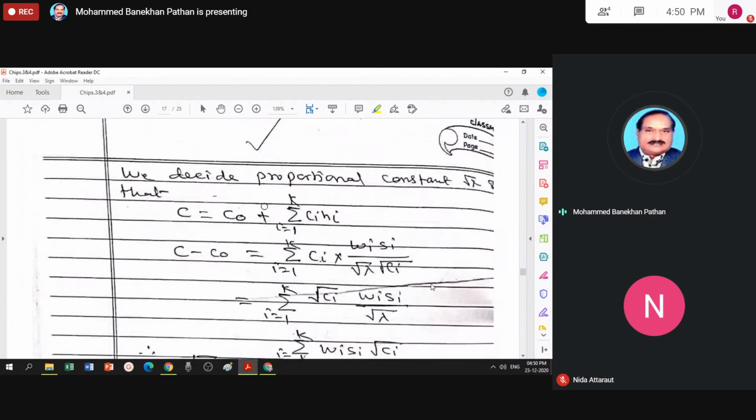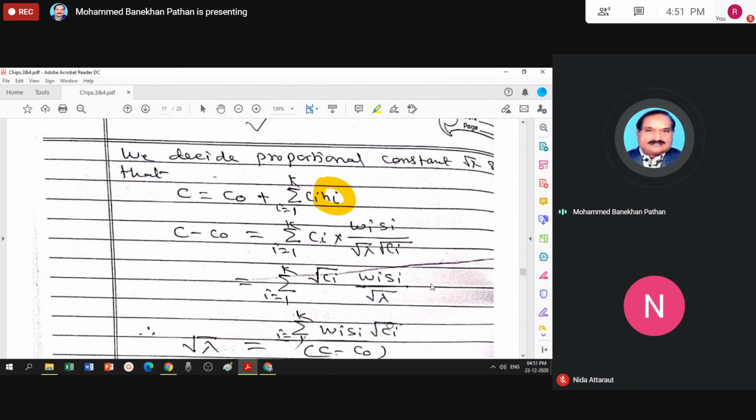We decide the proportional constant root lambda such that C equals C0 plus summation Ci Ni. Replace the formula of Ni here, which is in terms of root lambda. Now this root Ci gives root Ci in the numerator, Wi Si upon root lambda.